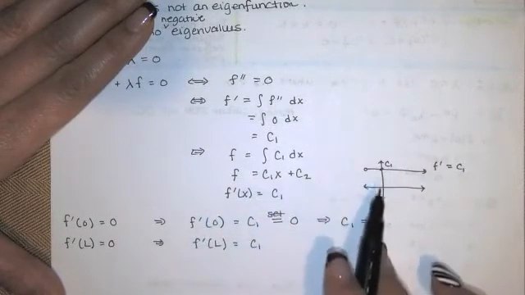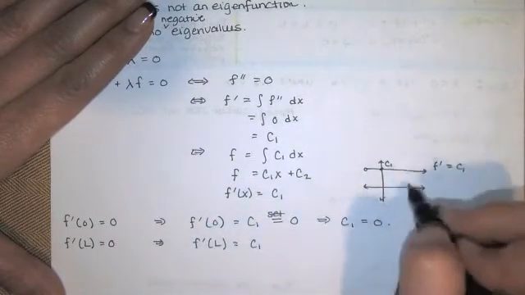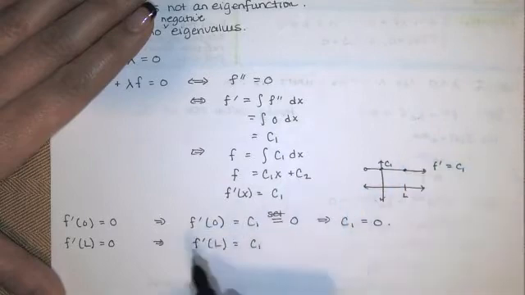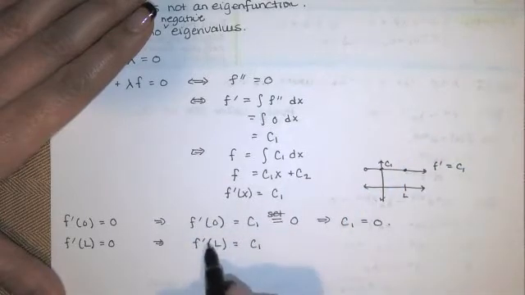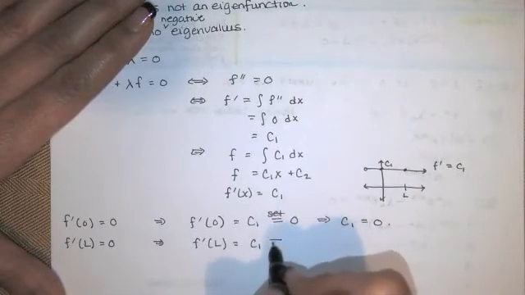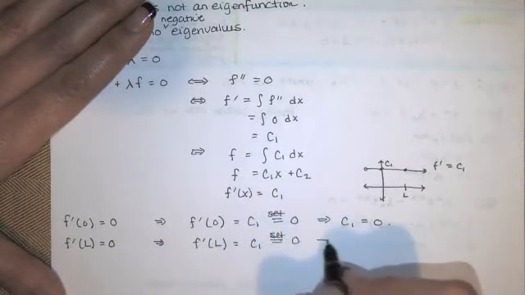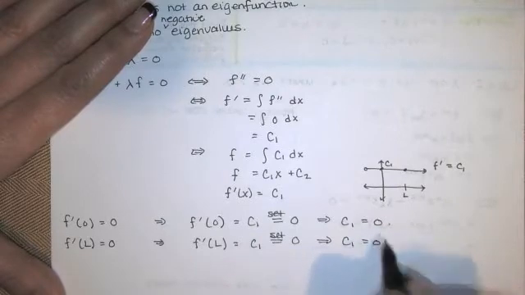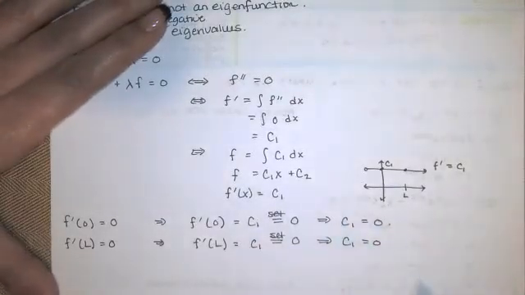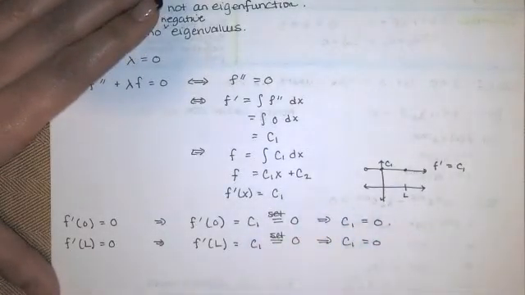So if you plug in x equals 0, you're going to get c1. If you plug in x equals L, you're going to get c1. So f prime of L is c1 in general, but again, we have to set that equal to 0. But we already knew that c1 was equal to 0. So all we know at this point is that c1 has to be 0.